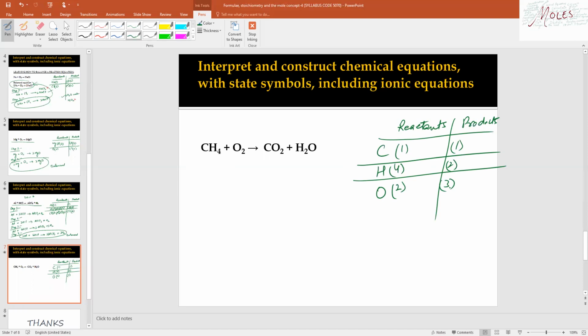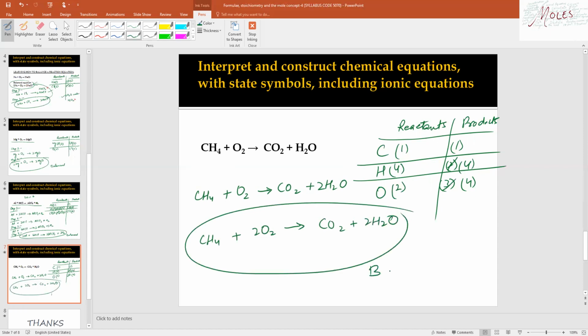Let's balance hydrogen first by placing 2 before H2O on product side. Hydrogen is balanced, but oxygen becomes unbalanced now. Now we need to balance oxygen on reactant side only. So finally we'll get this. Now this reaction is balanced.